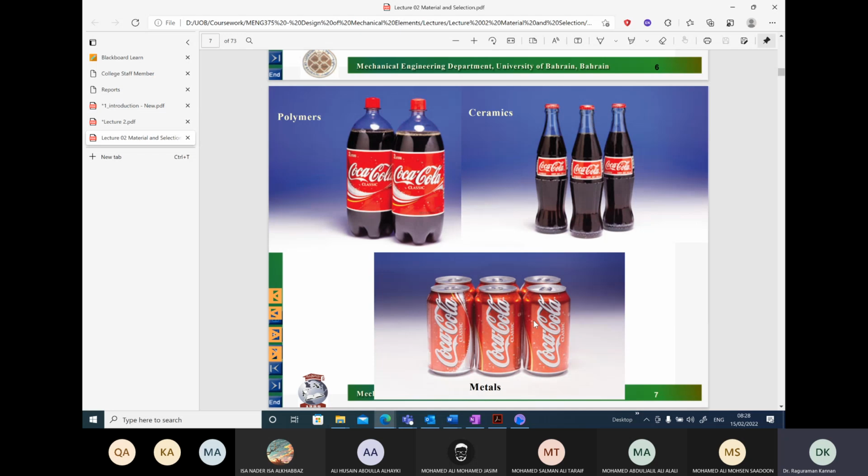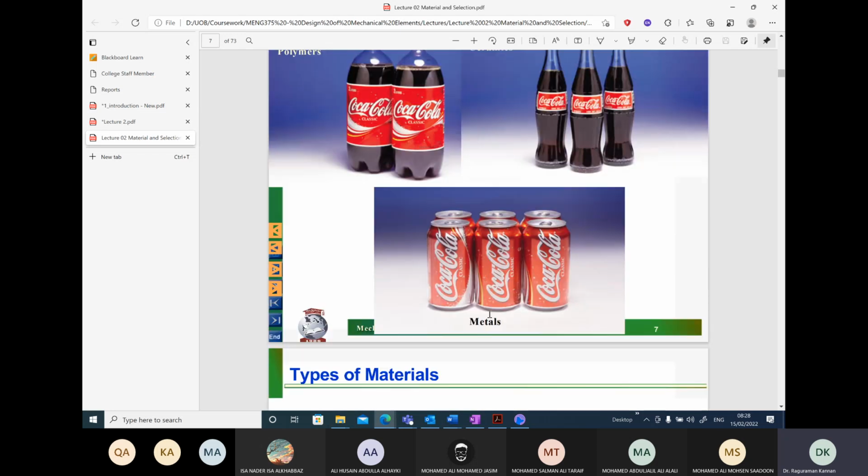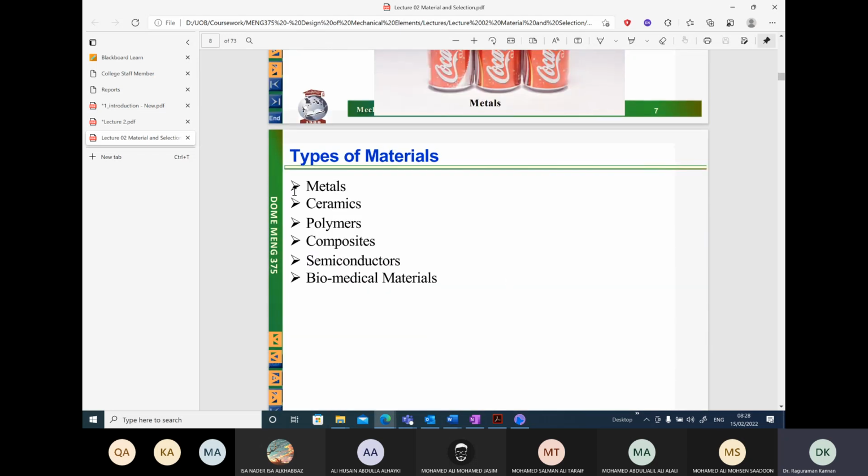You might have learned this in your materials engineering course. What are the different categories? You already have metals and alloys here, polymers, ceramics, and if you mix any of these engineering materials, you get what is called hybrid materials, and those are composites. Okay, so these are some of the classes.